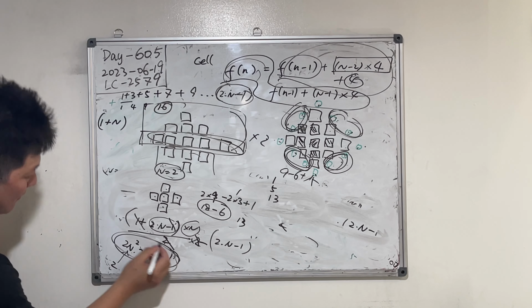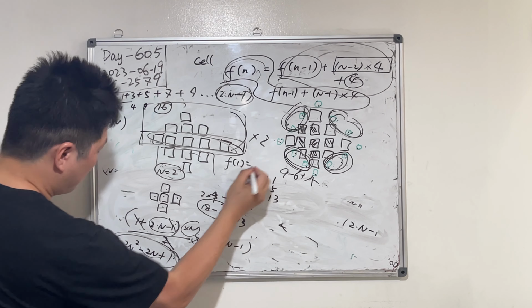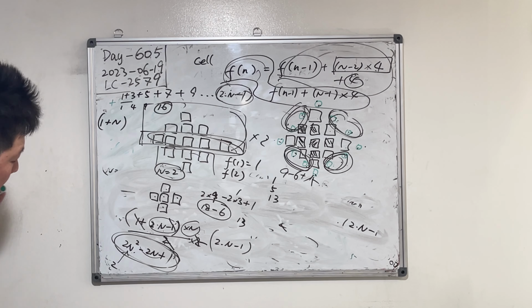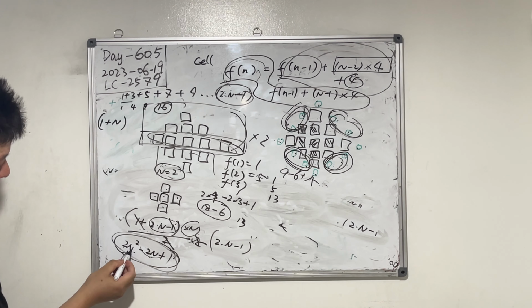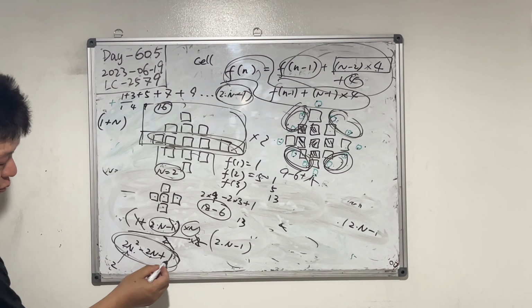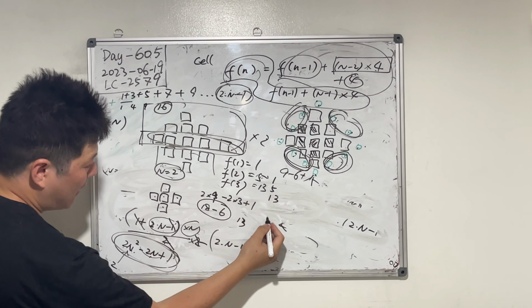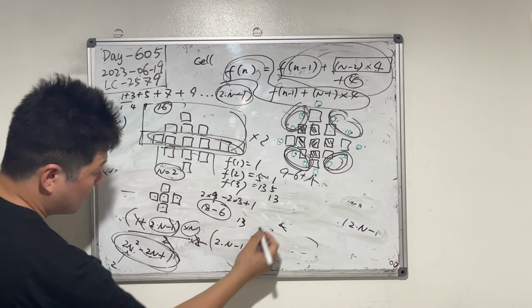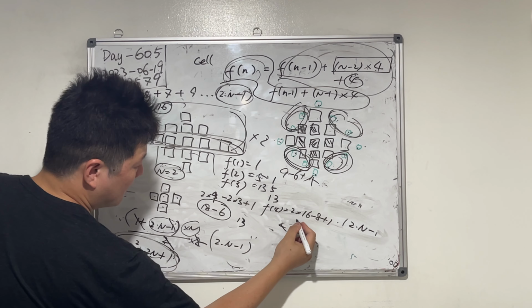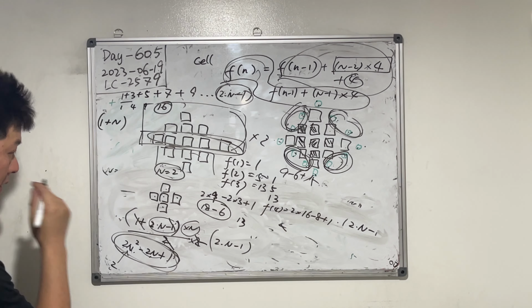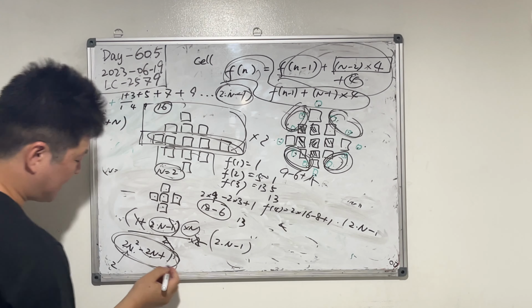So this is correct. Look, f1 equals 1, f2 equals 5, f3 equals 13. Okay, f4 equals 2 times 16 minus 8 plus 1, which is 25. Yes, 25. So this is correct.